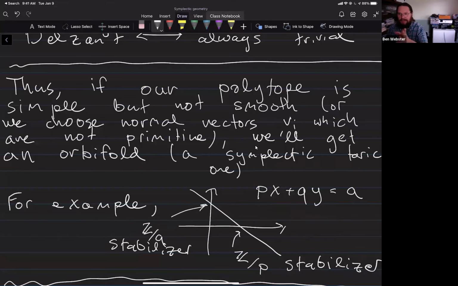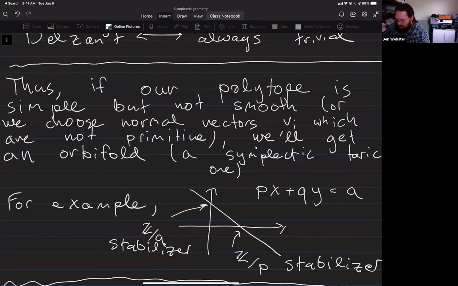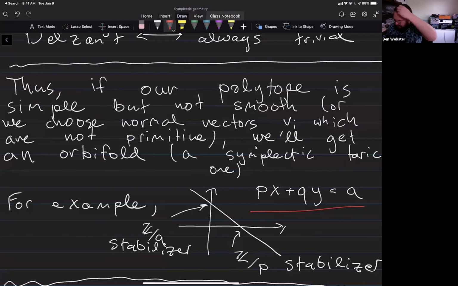So for example, if I take the x-axis and the y-axis and cut that off with the equation px + qy = a constant. Again, a doesn't have to be an integer, a could be anything, but p and q should be integers. Then I'm going to get an orbifold.